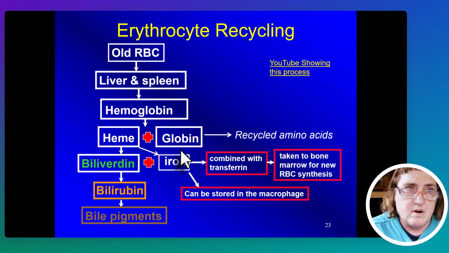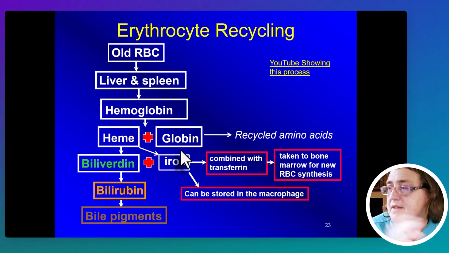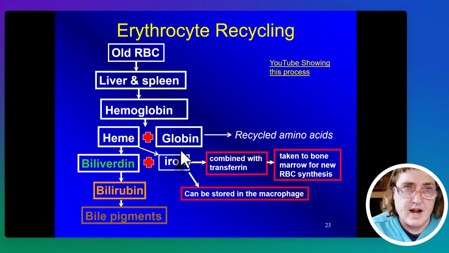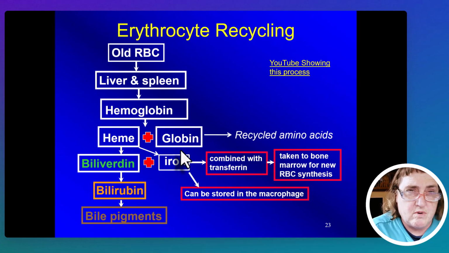The globin part is just protein, so the amino acids can be reused. The heme has to be separated from the iron, and the iron is removed, and it can be stored in your liver as ferritin, which is why liver is high in iron, or it can be transported to the red bone marrow via transferrin. It's like a little truck that carries iron.